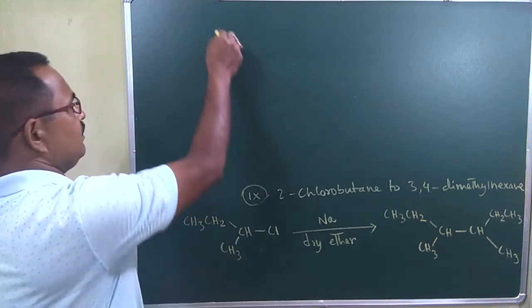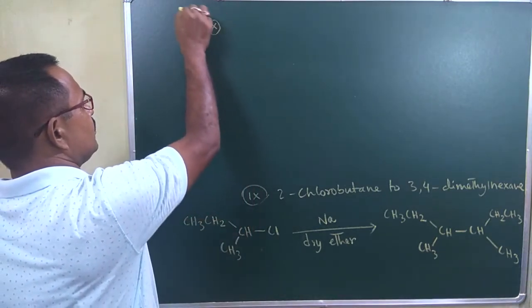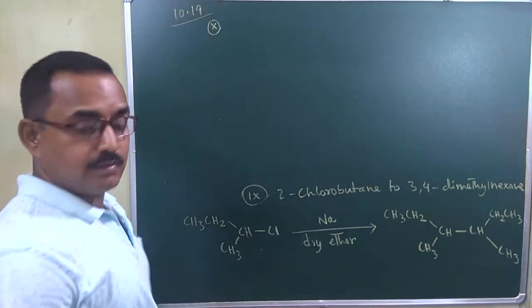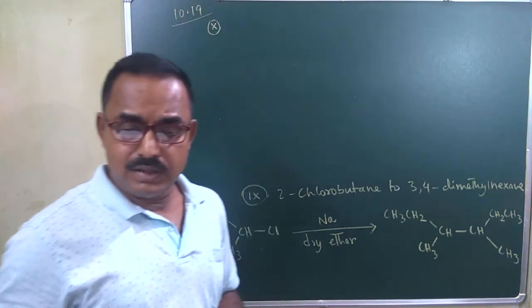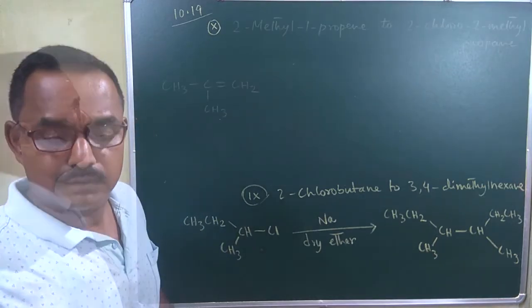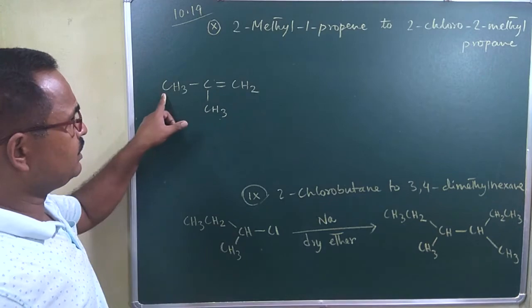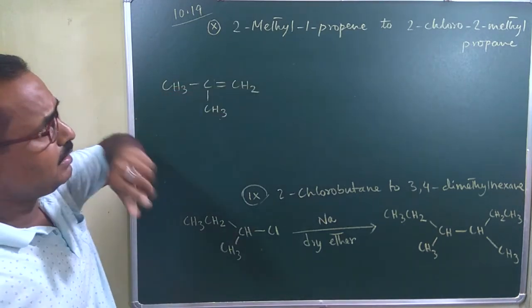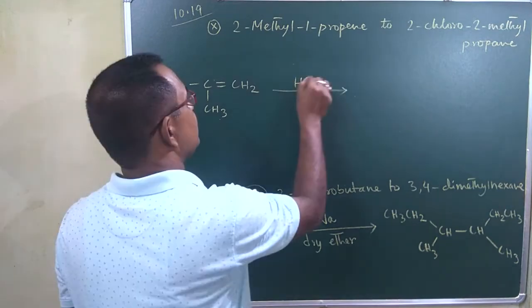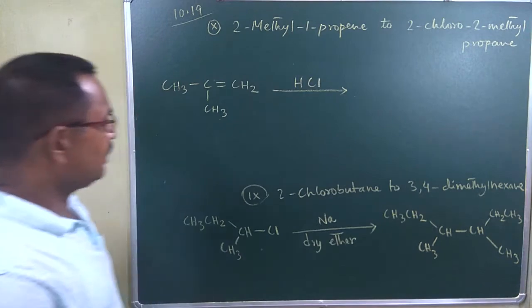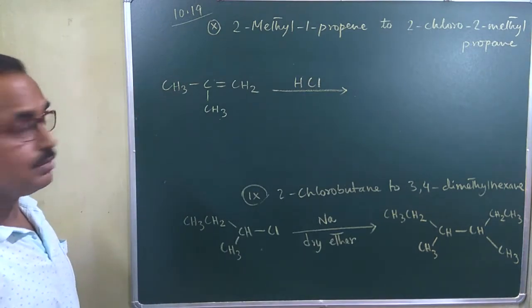Now come to question 10. 2-methyl-1-propene to 2-chloro-2-methylpropane. See, 1, 2, 3, this is propene. At position 2 we have a methyl group, so 2-methylpropene. If you react this compound with HCl, addition will be according to Markovnikov's rule.